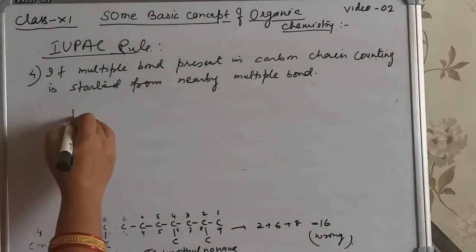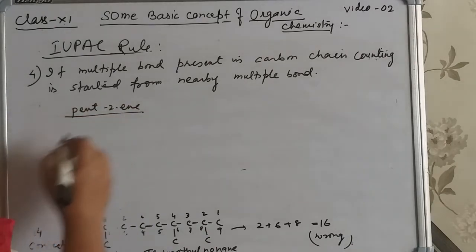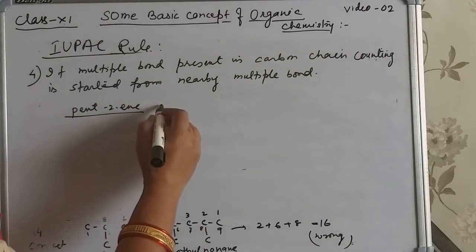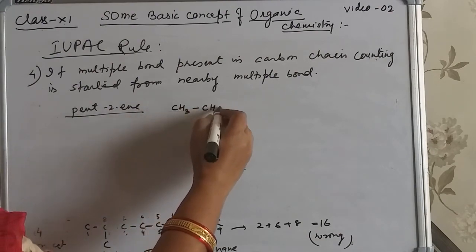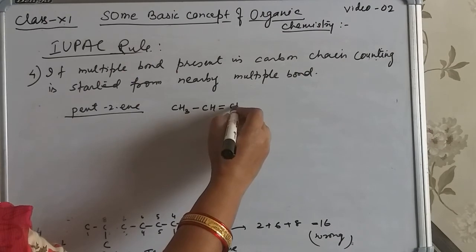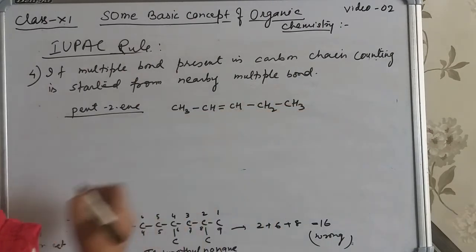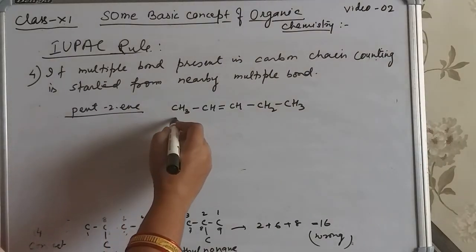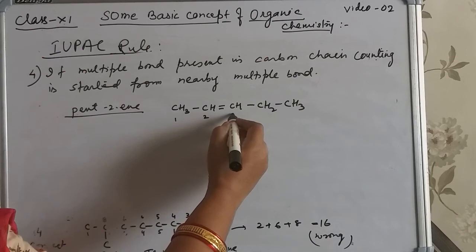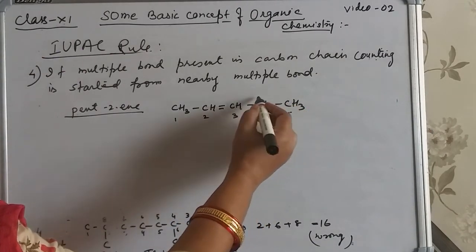For example, pent-2-ene, CH3, CH2, CH3. The correct order will be 1, 2, 3, 4 and 5, not from this side 1, 2, 3.